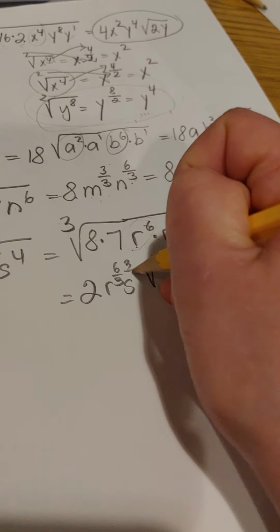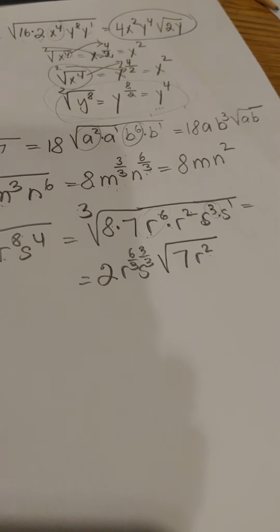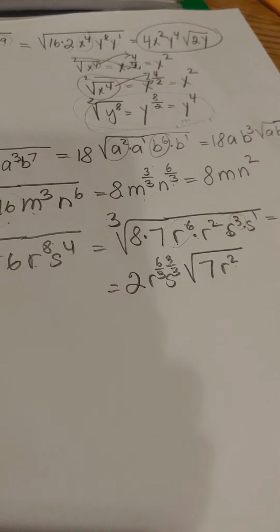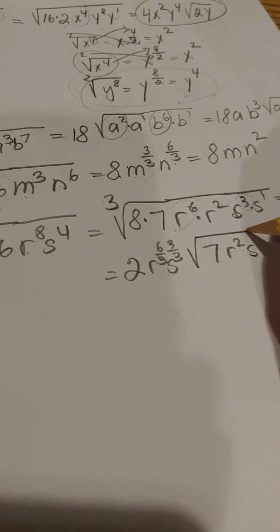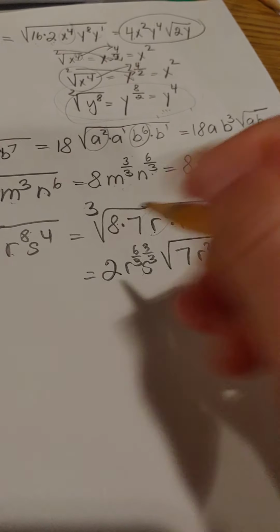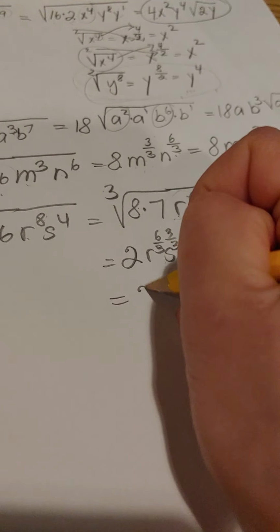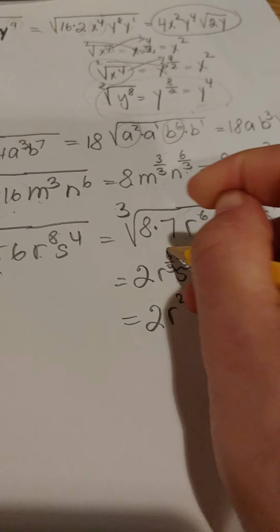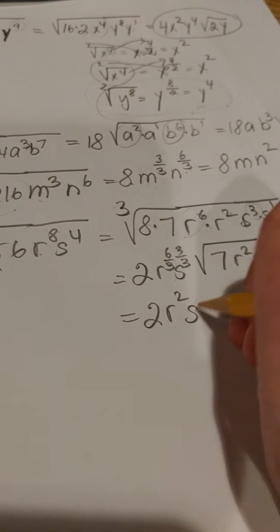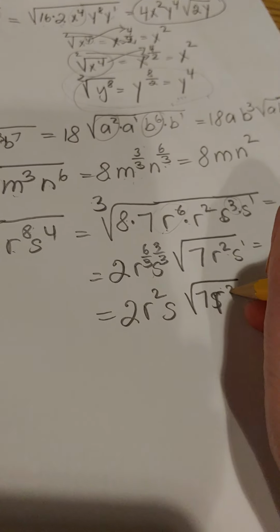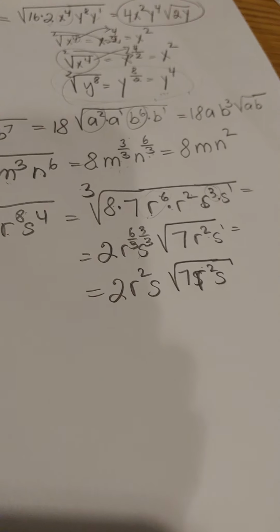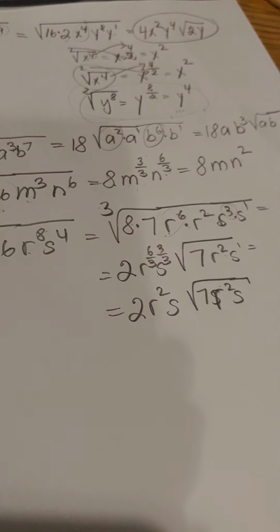S to the power 3 over 3, please watch a couple of minutes back from the video to figure out how I did this if you didn't understand yet. And s to the 1st power. Now I'm going to simplify. 2 r to the 2nd, because 6 over 3 is 2, s to the 1st, and then the cube root of this. So this is the answer.